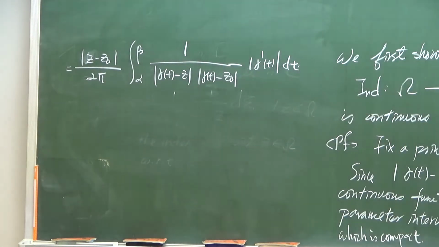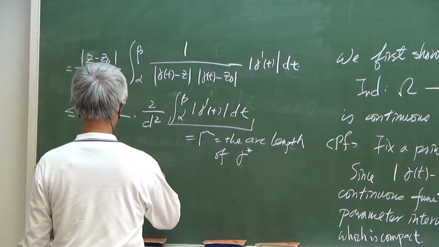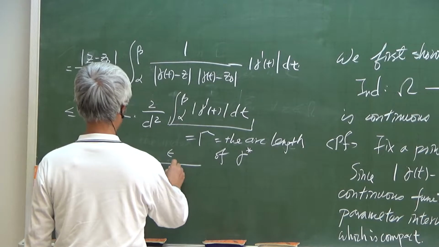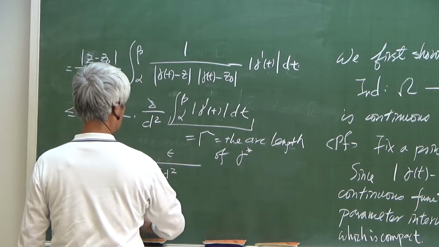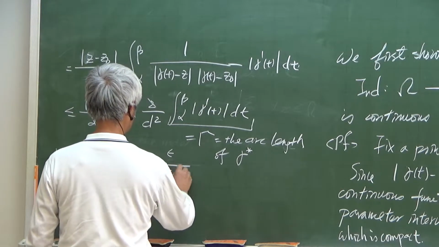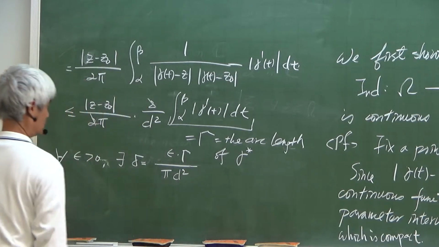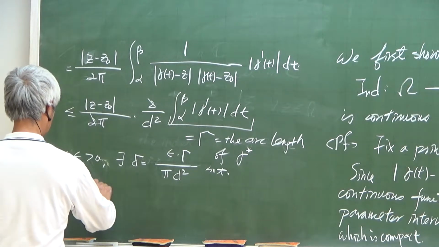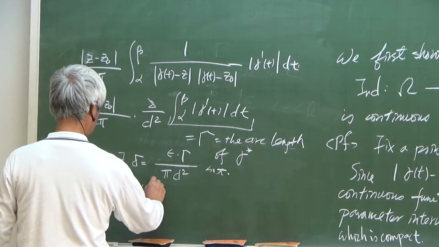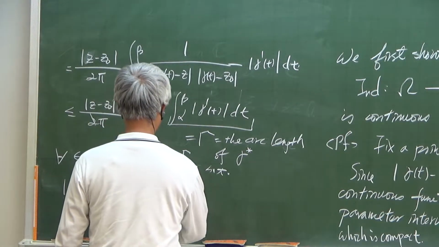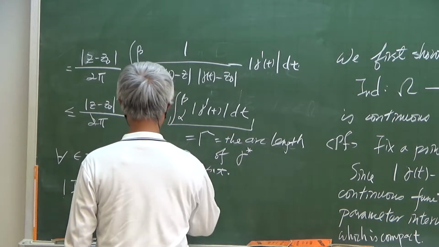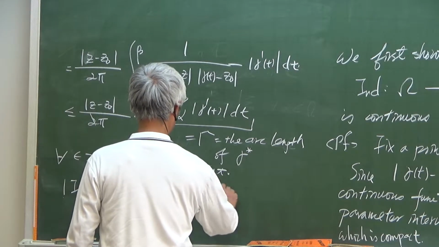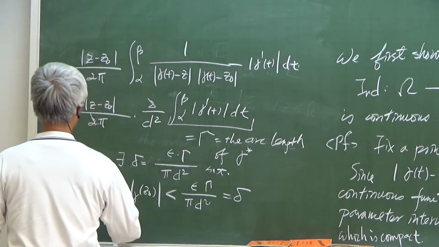Okay, gamma t minus z0 would be epsilon divided by, you cancel, so it's pi d square and the gamma here, such that the function value, index of z minus index of z0, is less than delta, say epsilon, for all z minus z0 less than epsilon.